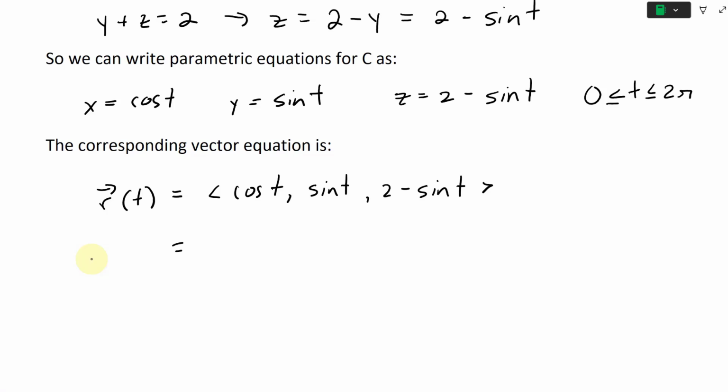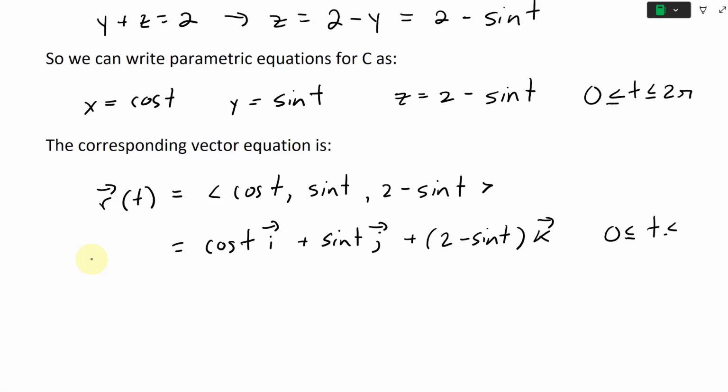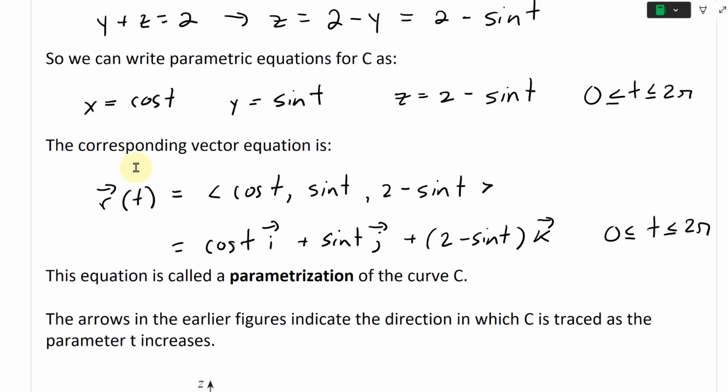Or the other one, as the book has it: cosine t i plus sine t j, plus 2 minus sine t k, and this is all for 0 less than or equal to t less than or equal to 2 pi. So that's the range.